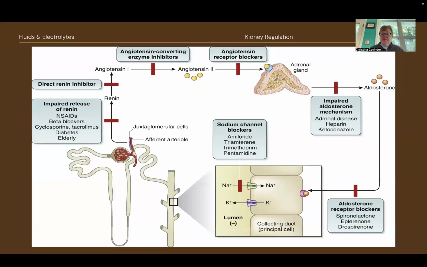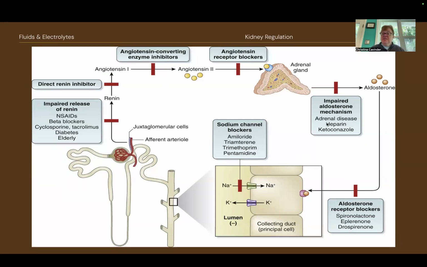You do not have to memorize this. I just thought this was a nice picture to help you with some of it. We will definitely need to know this later, so if you want to learn it now, that's fine. This is showing some of the medications that will affect these different areas. We already talked about renin to angiotensin 2, and you see here it talks about some of the medications there.